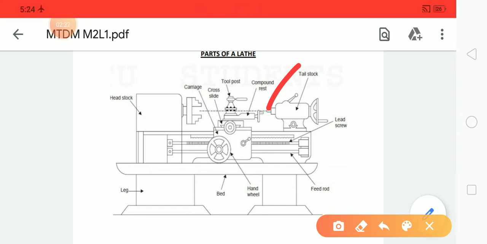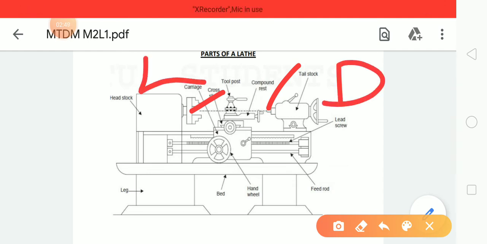That is why it is called dead center. And the similar attachment given to the headstock is called the live center, or head center. So this is the live center and this is the dead center. Here there is a movement, so it is called live center, and there is no movement here, that is why it is called dead center.